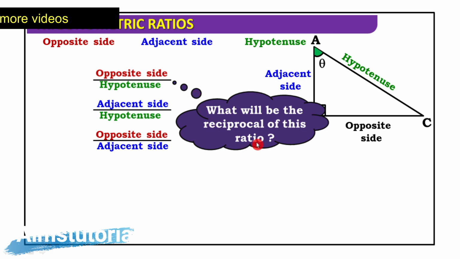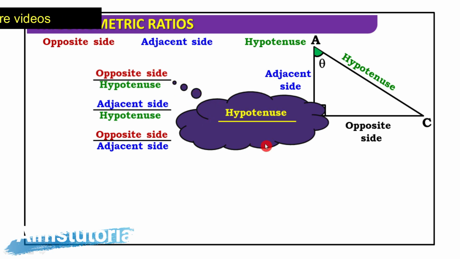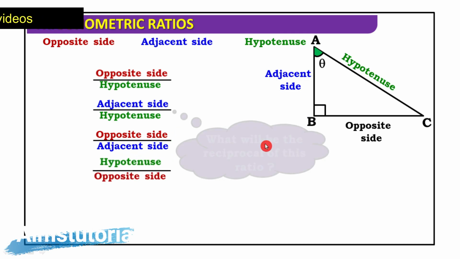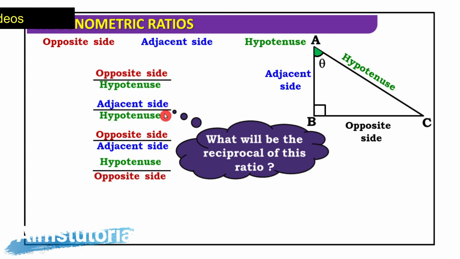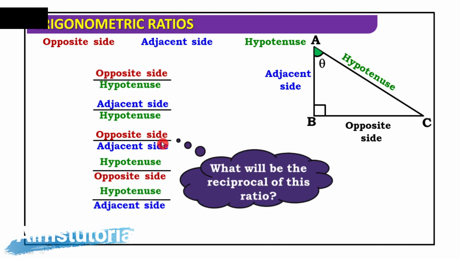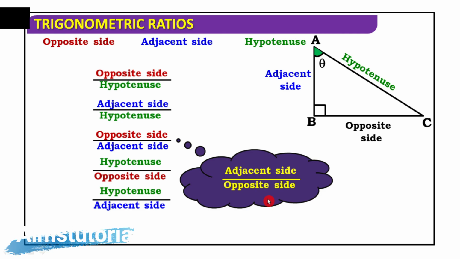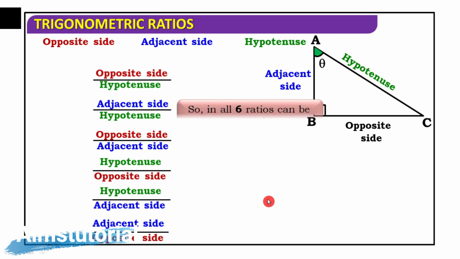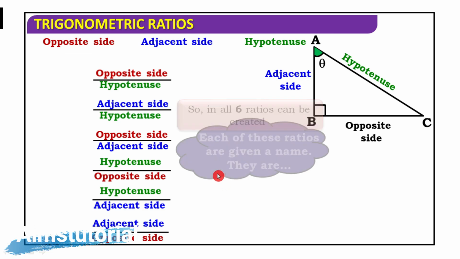What will be the reciprocal of this ratio? Hypotenuse by opposite side. What will be the reciprocal of this ratio? Hypotenuse by adjacent side. And what will be the reciprocal of this ratio? Adjacent side by opposite side. So in all, 6 ratios can be created.